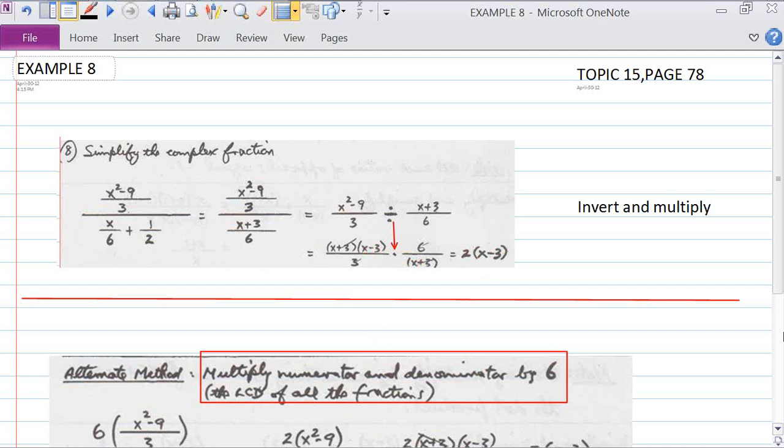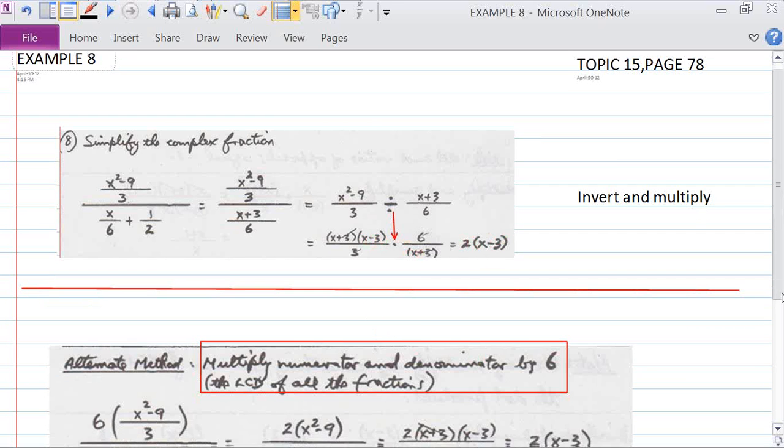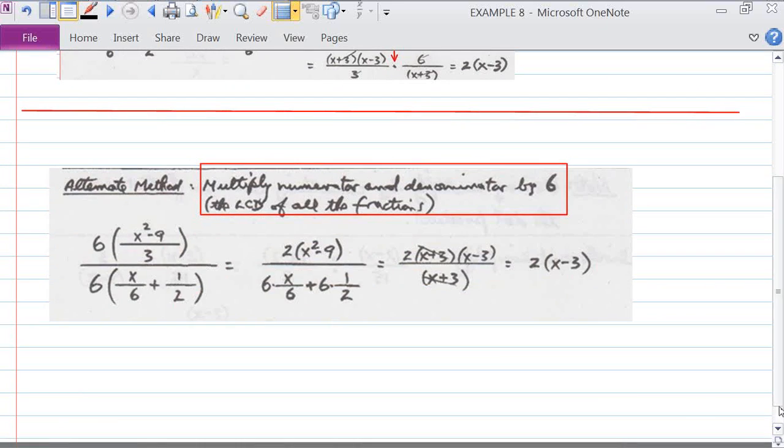Now the other way to do this is to multiply the numerator and denominator by 6. Because if I do that, I'm going to get rid of all the fractions. So we have a 3 here, and we have a 2 here, and we have a 6 here. 6 is the lowest common multiple that will get rid of the fraction.